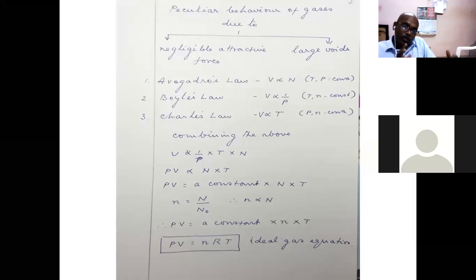If you want to increase the pressure, you have to reduce the volume. Similarly, if you reduce the pressure by expanding the gas, volume increases, pressure decreases. Therefore, volume and pressure are inversely related when temperature and number of moles of gas are maintained constant.